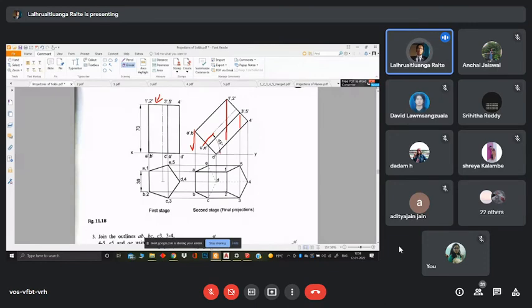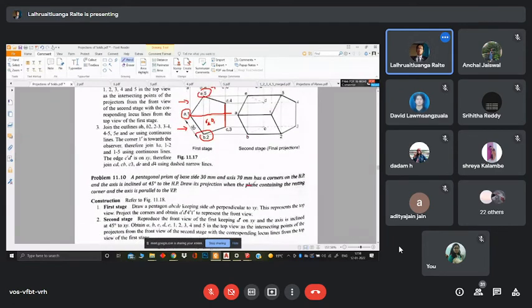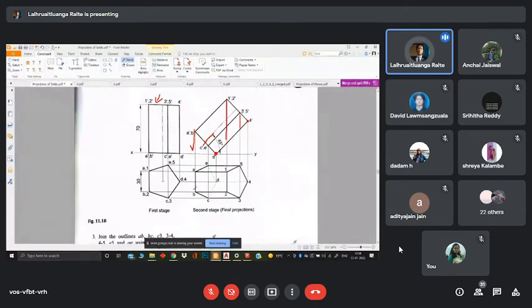So if D4 is the corner that is resting on the horizontal plane, then the line D4 as well as the axis is 45 degrees to the horizontal plane. That would make much more sense. Let me correct this. All right. I hope everyone understood the process.